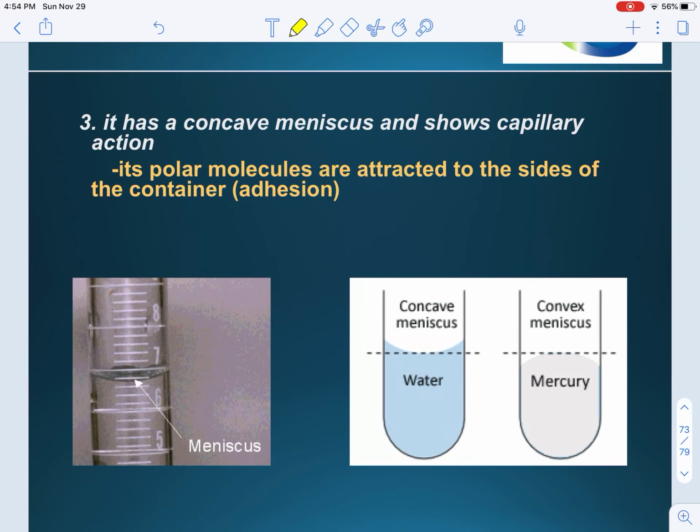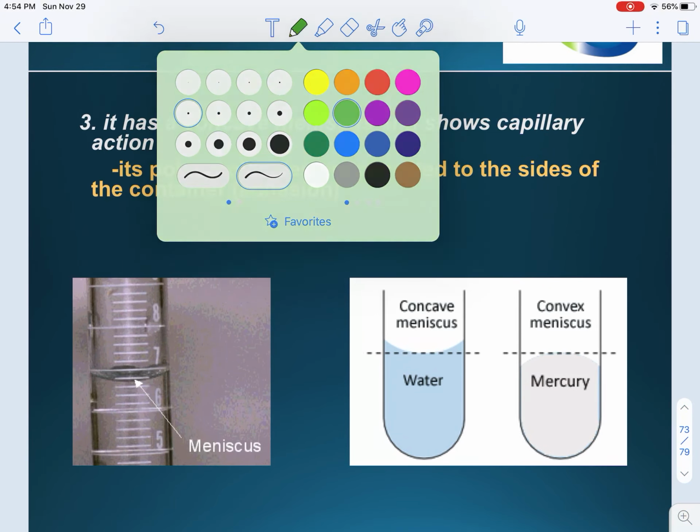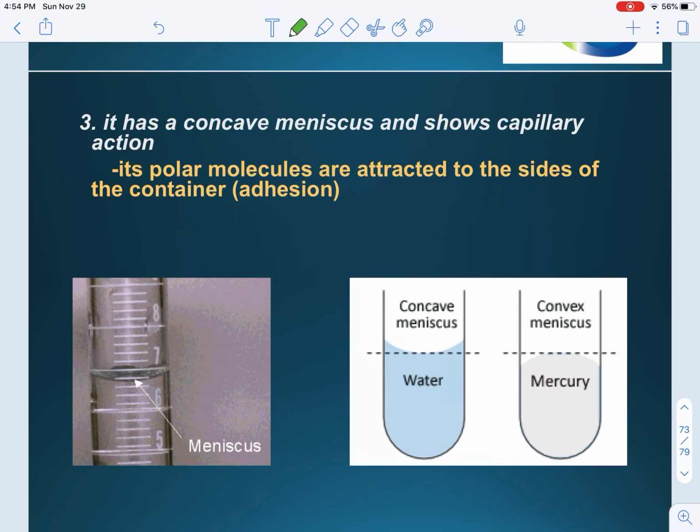Water also has a concave meniscus, and that would be because of the attraction of that water. It doesn't lay flat in a test tube, for example, or a beaker. It gets attracted to the, let's say, glass or plastic, especially glass, along the edges, and so it will have that caving in surface.